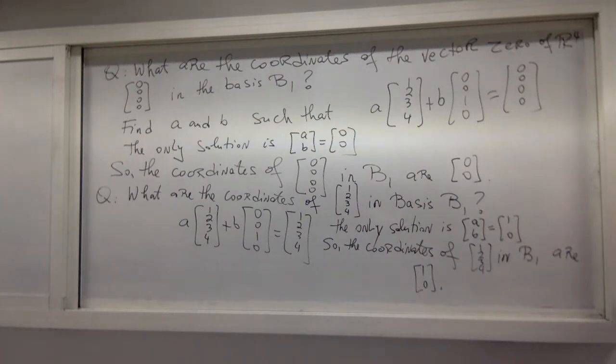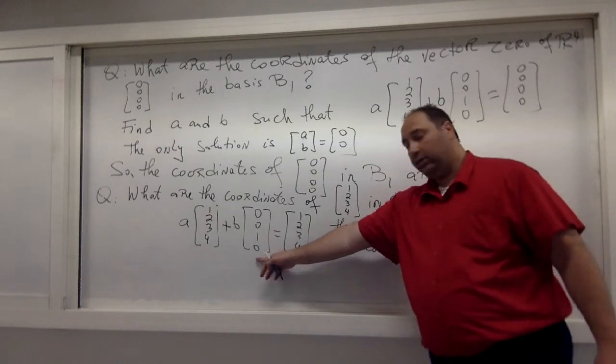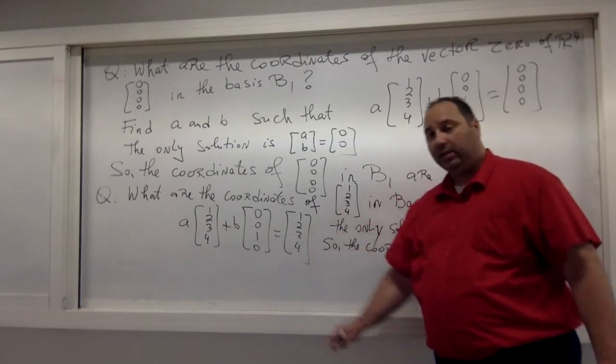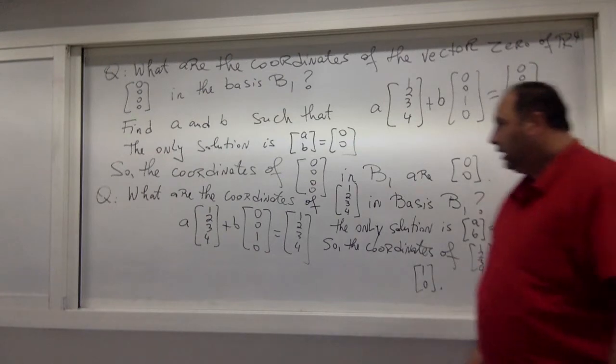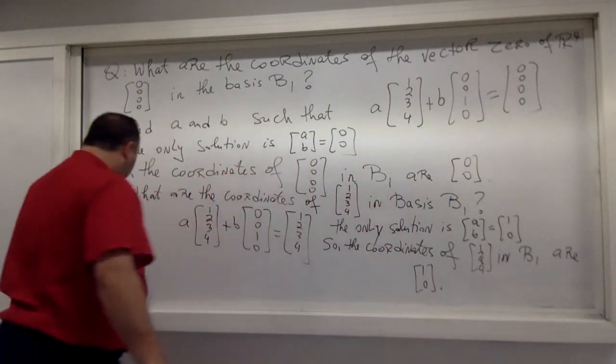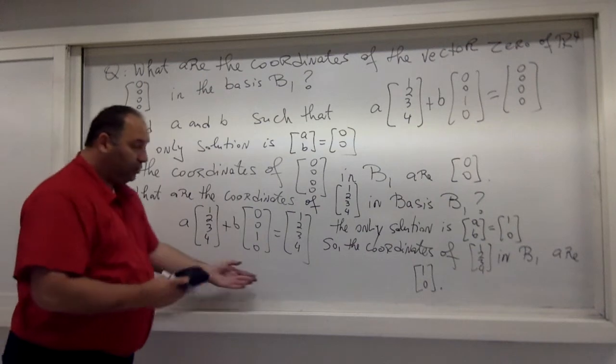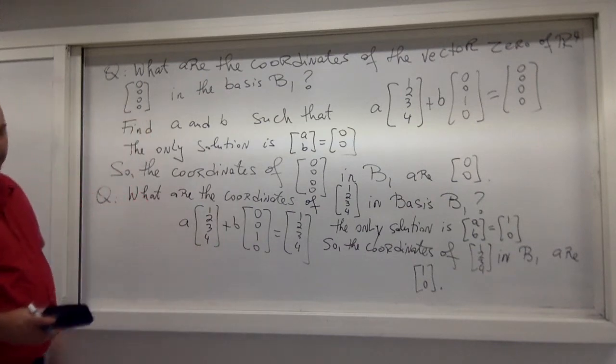Simple. Now, what are the coordinates of the second basis vector for B1 in basis B1? Well, yes, what is 0, 1? So that is easy, and again, if you don't remember, you just solve the system. It's not a big deal.